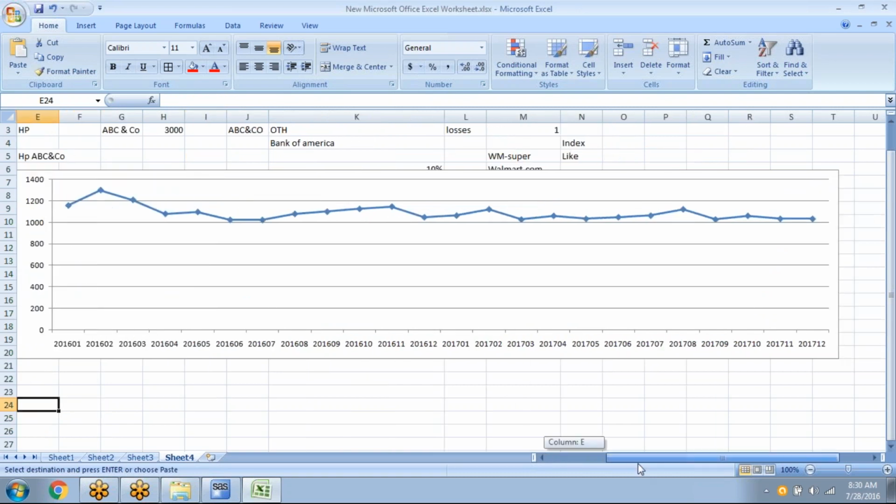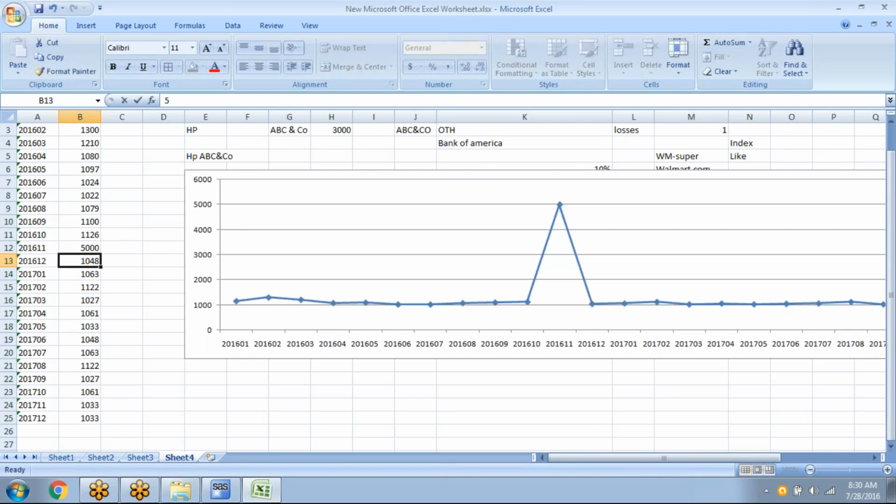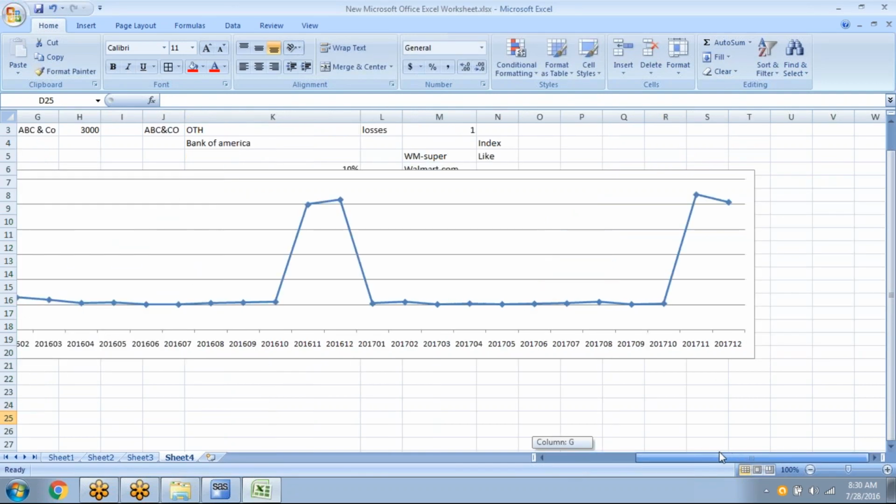Okay, this is the trend. Now let's say every year in the November and December time frame there could be a spike. And again here. So every year in November and December you're seeing some spike.